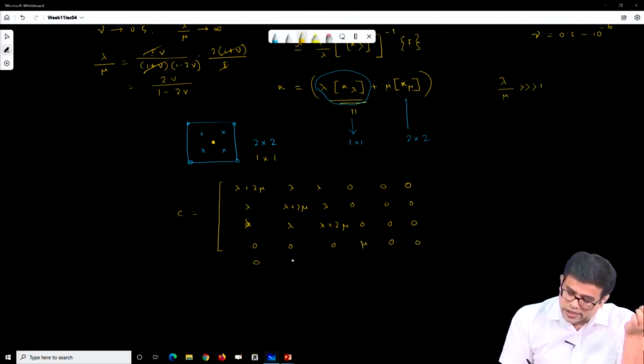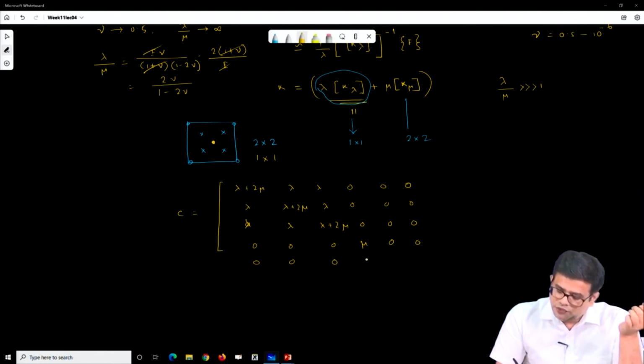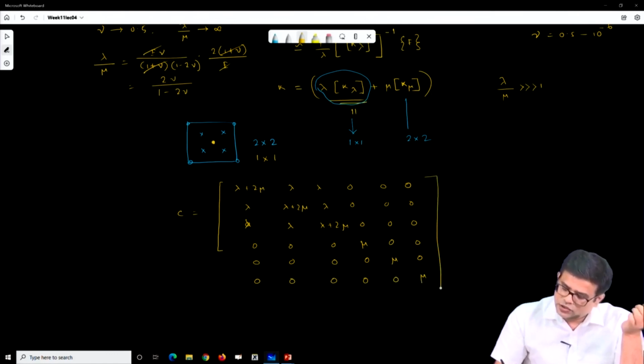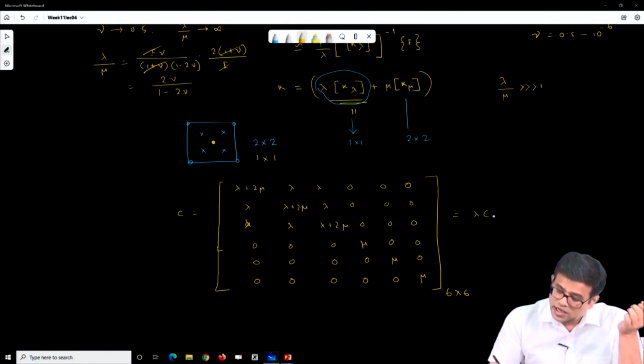Now for a 3D element, this is mu. So, this is my 6 cross 6 matrix. Again, I can decompose this matrix as lambda C lambda plus mu C mu. This can be done for the bulk modulus also.